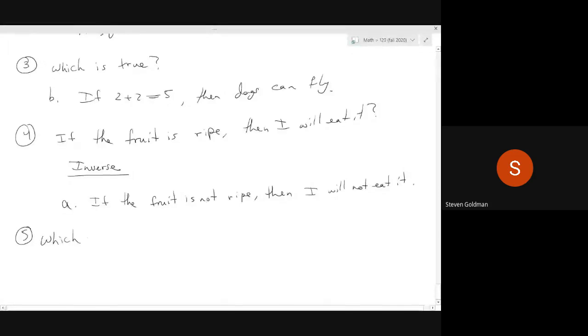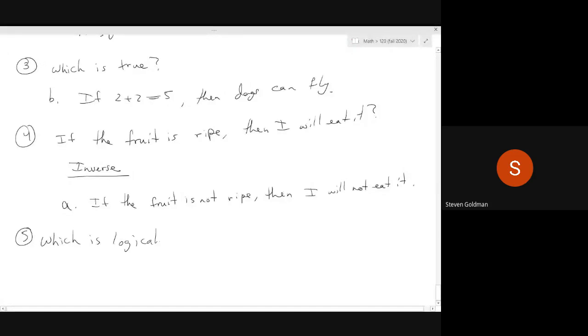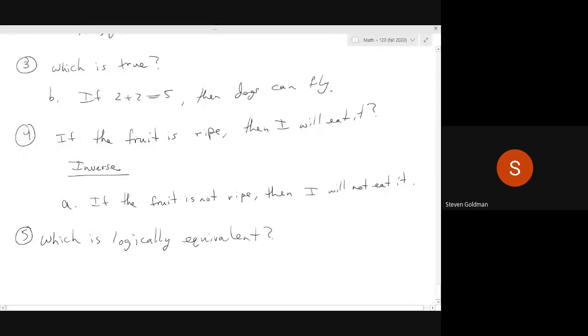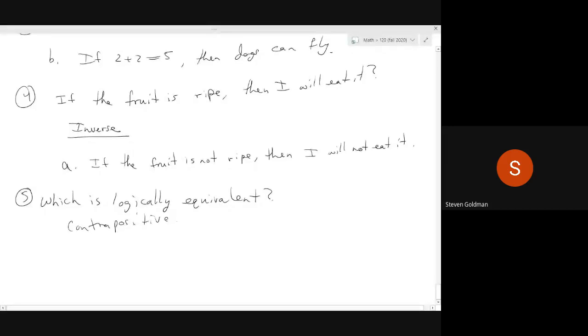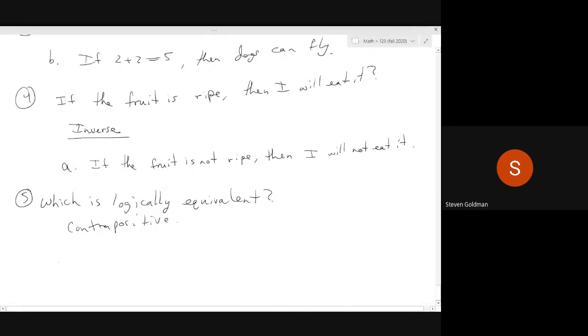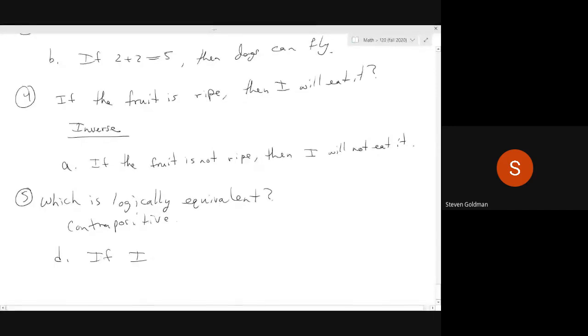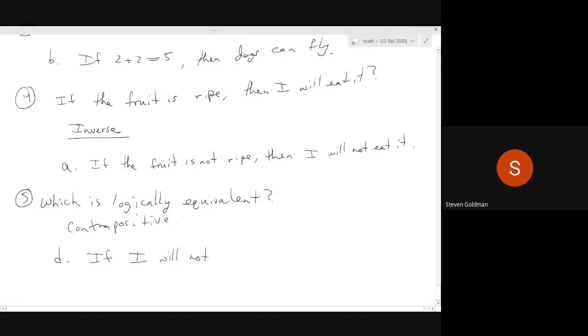Which is logically equivalent, so that's the contrapositive.